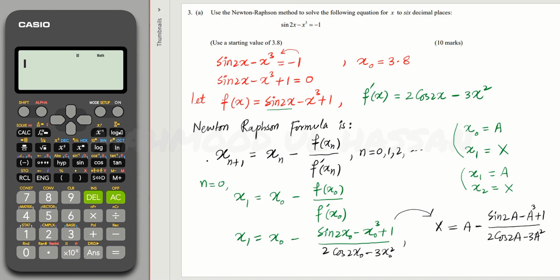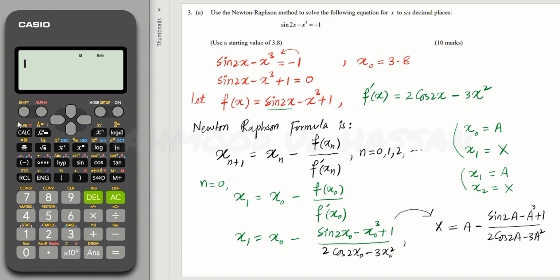First, we are going to convert the calculator mode from degree to radian. We click shift and then setup, and you can see on 4 we have radian, so we press 4. Our calculator is now in radian mode. Now we have to fix our decimal places to 6 digits.